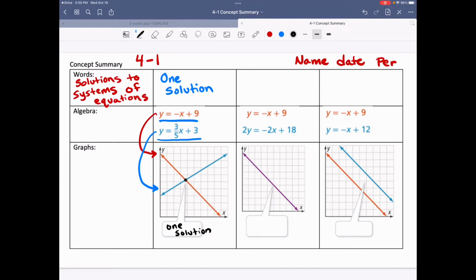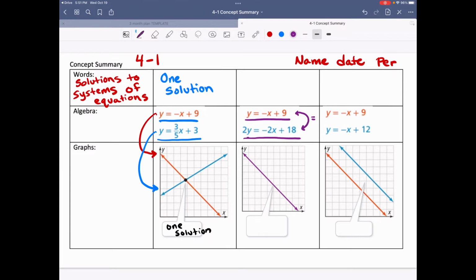Okay, and on this next one, we have 2 equations. We have the y equals negative x plus 9. We also have 2y equals negative 2x plus 18. Essentially, these 2 equations are equal to each other, because if you divide the blue equation, everything by 2, you get the red equation.